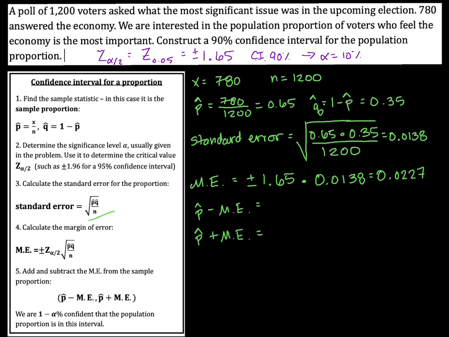So the sample proportion is 65% minus 2% and some change, and for that we get 0.65 minus 0.0227, and we get 0.6273.